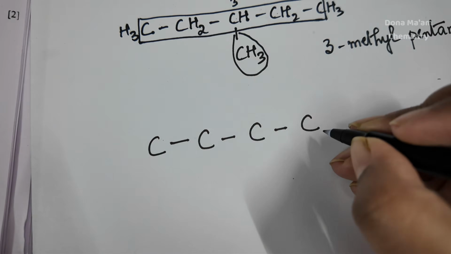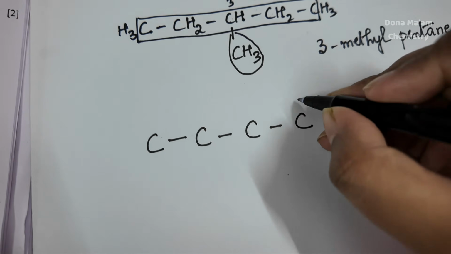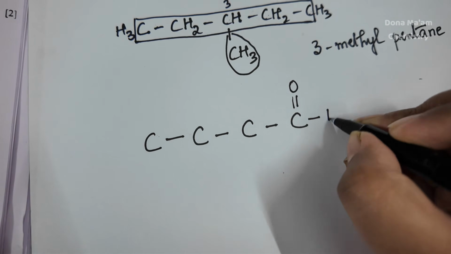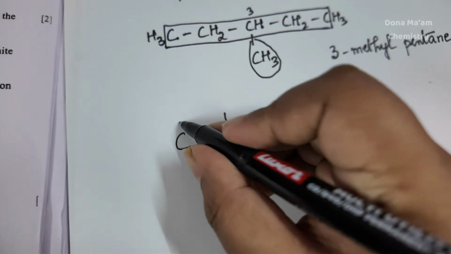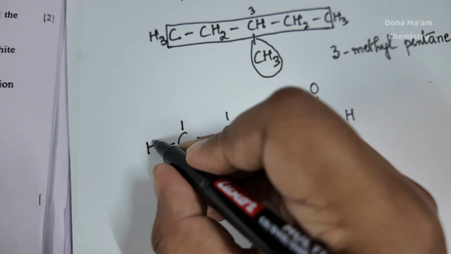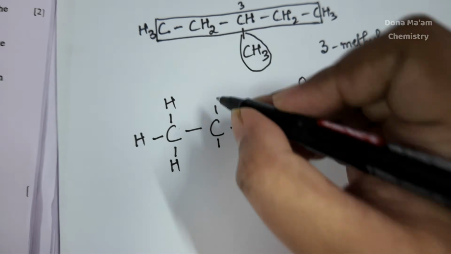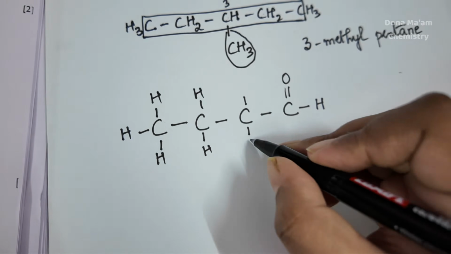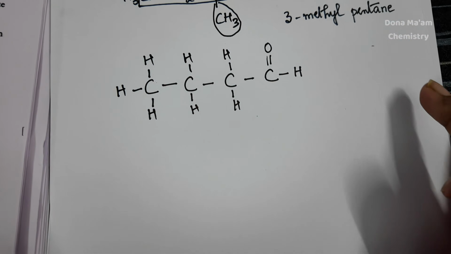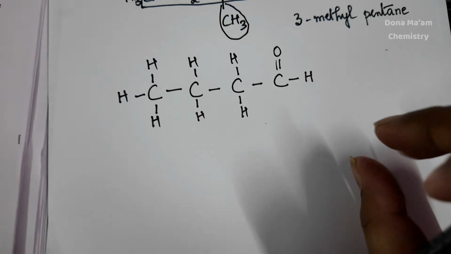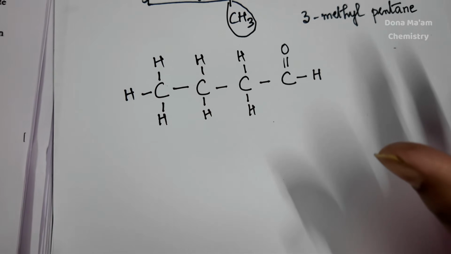If I give this carbon as 1, over here it will be the aldehyde group, CHO, and the rest you have to balance all the carbons with hydrogen. If you miss even one hydrogen, you get 0. So this is butanal, and you have to draw it structurally, not the condensed version.